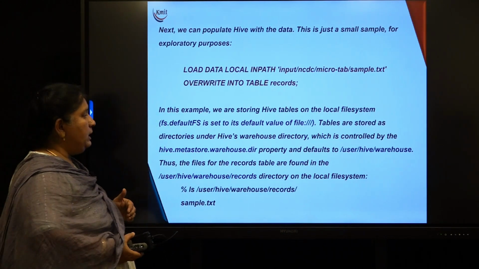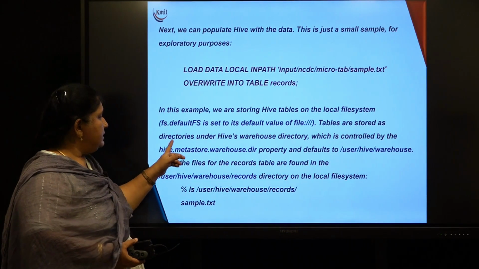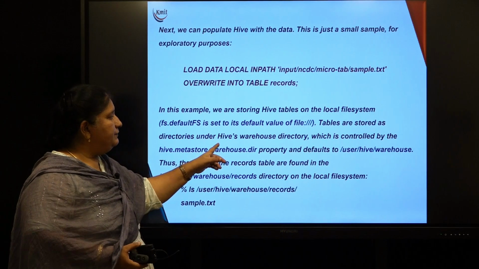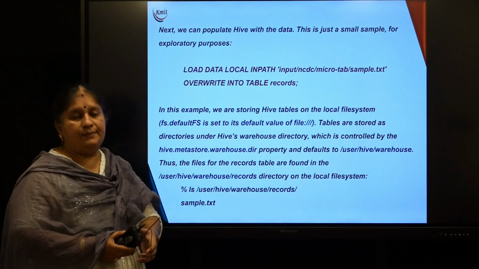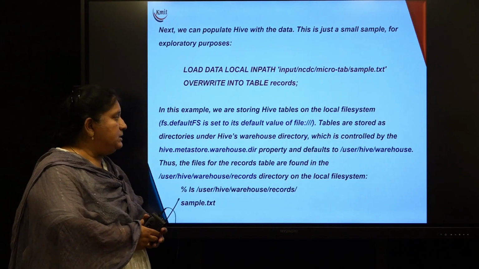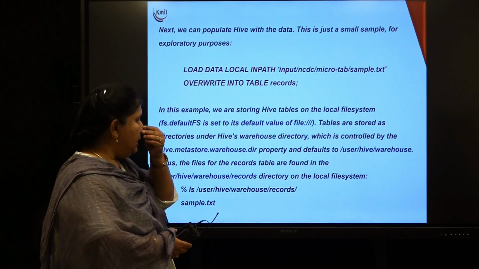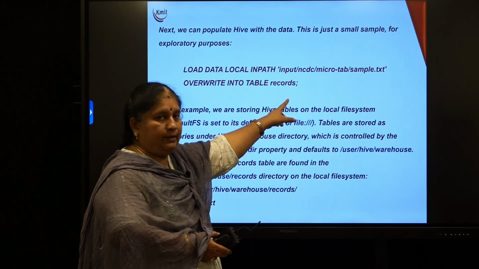Try to see this one, where these tables are going by default. Tables are stored as directories under Hive's warehouse directory. There will be a default directory called warehouse. So whatever tables we are creating, they are created under the warehouse directory. They are created as a folder, right?